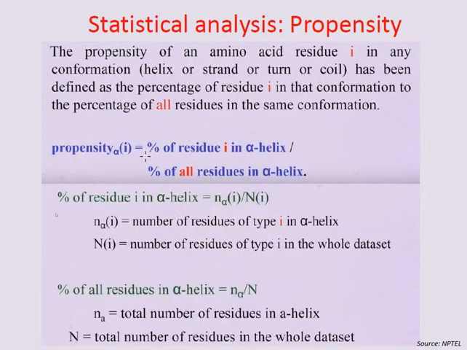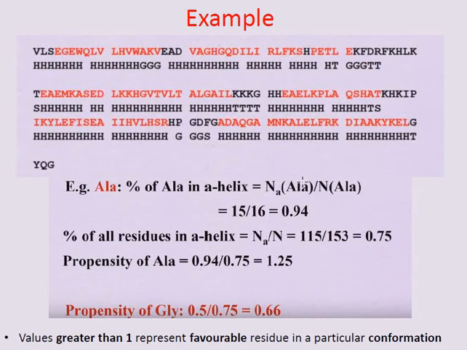If you remember, the propensity of alanine is the percentage of alanine residues in the alpha helices divided by the percentage of all residues in alpha helices. First is the percentage of alanine in alpha helices. We calculate the number of alanines present in the highlighted residues.